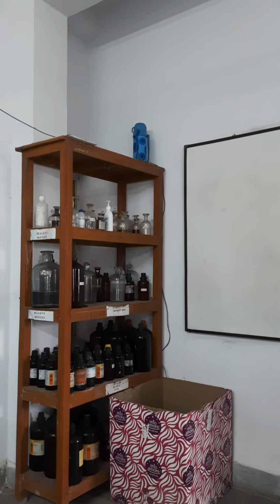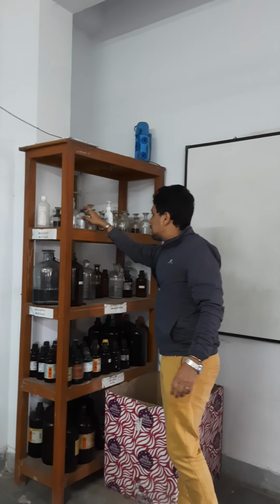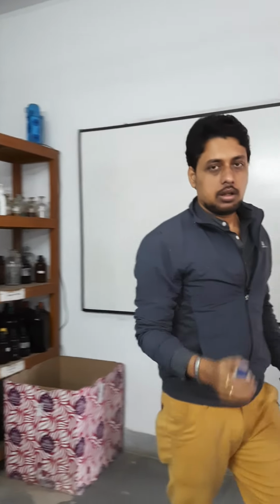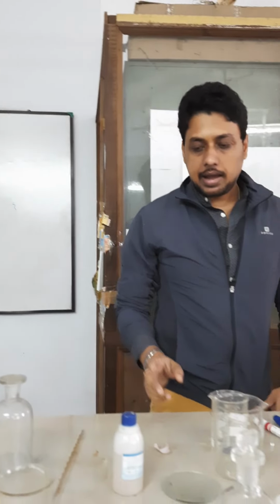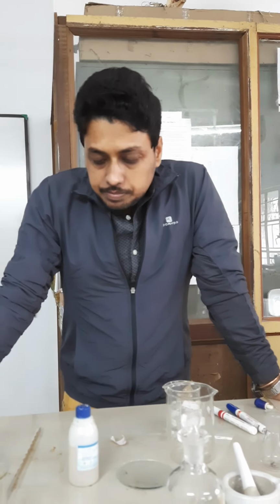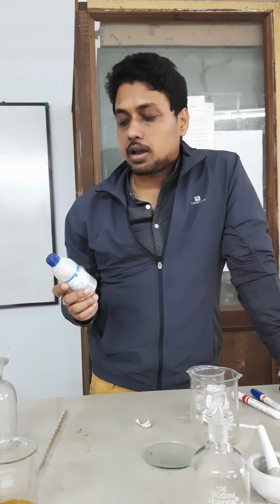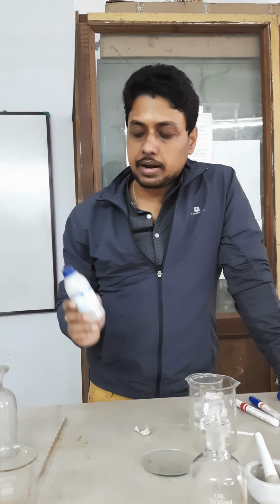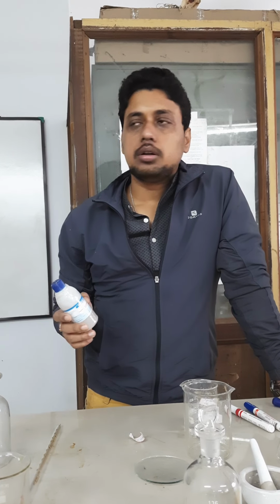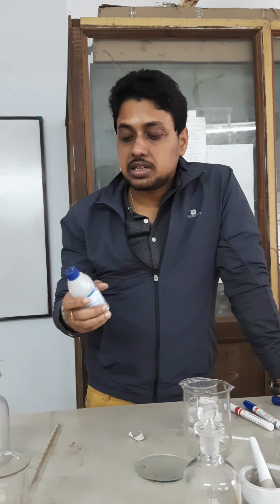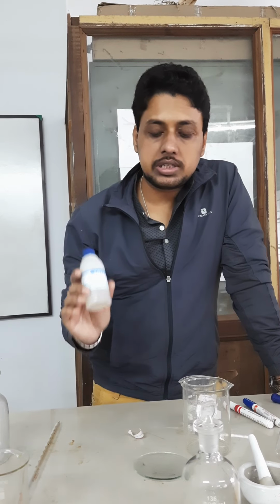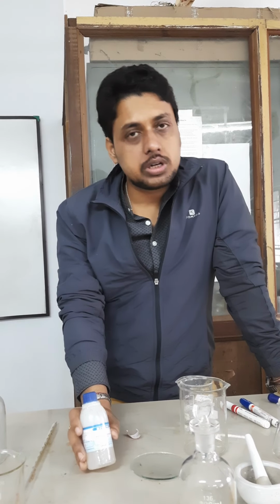One thing I must show you, that we have one indicator. In my theory class, I told you that an indicator is a very crucial chemical used in a chemistry lab. An indicator shows color in the acidic or basic medium of a solution. So we will check how an indicator can show its color.